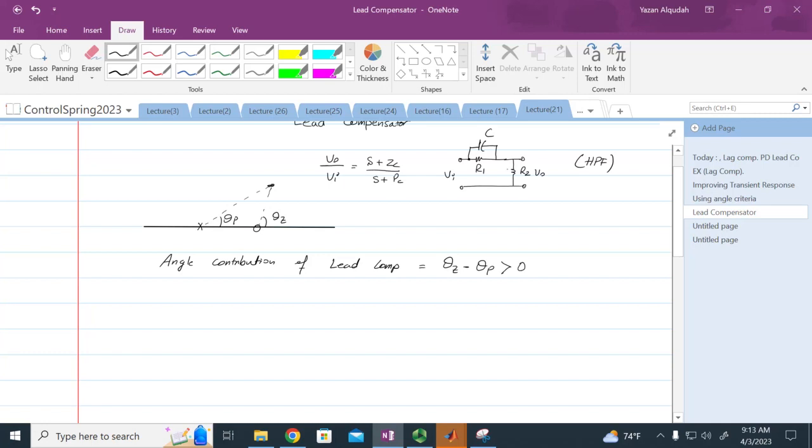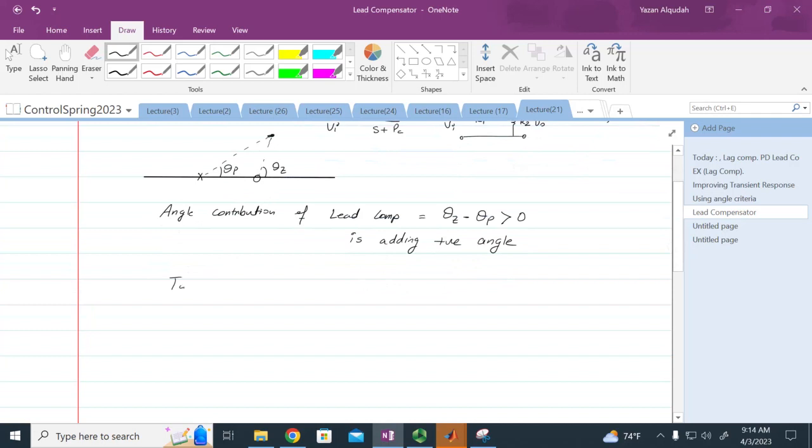Apparently, this theta z is greater than theta p. So the contribution of the 0 minus the contribution of the pole is going to be positive. So therefore, this compensator is adding positive angle. Okay.